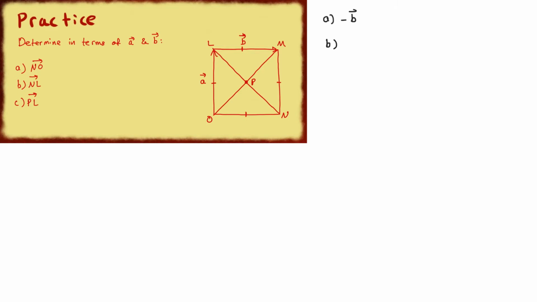So for B, it starts at vector A, and so we travel this way, vector A, and then we go in this direction to reach L. So we're going in the opposite direction of B, but the magnitude is the same as vector B. So we're not adding B, we are actually subtracting B. So this is going to be vector A minus vector B.